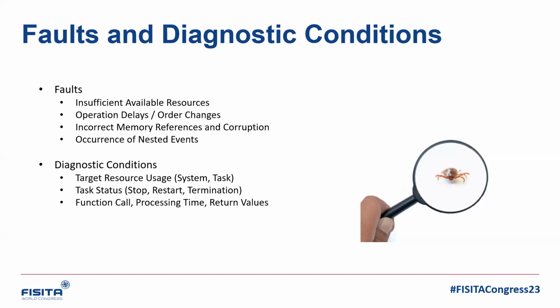Third, incorrect memory references and corruption. When certain tasks reference the wrong memory address, or when the referenced memory becomes corrupted, it can trigger anything from task termination to system shutdown. Lastly, nested events. In systems where events can be nested, similar to recursive function calls, mishandling resources during nested event processing can lead to critical system bugs.